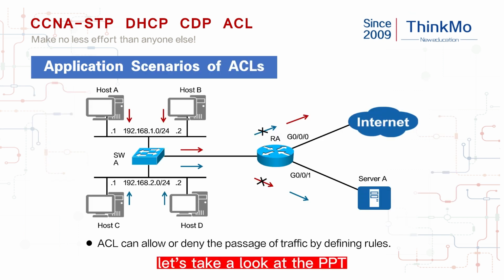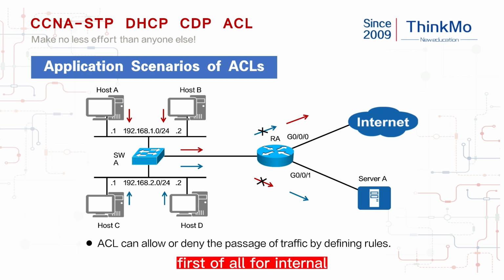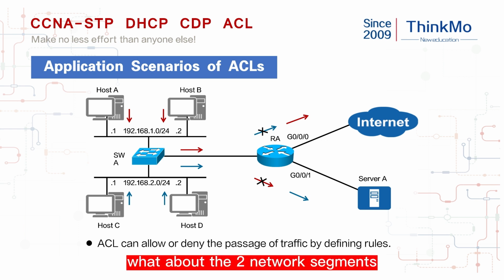Let's take a look at the PPT. It has two application scenarios. Let's read it together. This drawing is actually quite intuitive. First of all, internally there are two network segments: the 1.0 network segment and the 2.0 network segment. This red line is the 1.0 network segment.